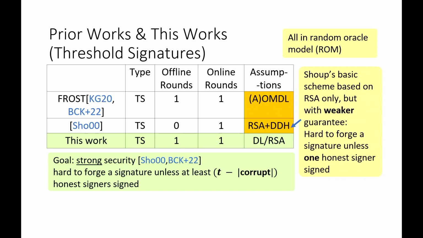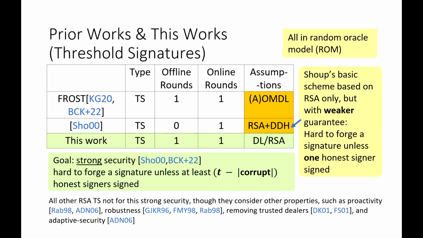For the weaker security, for example, Shoup's basic scheme requires only RSA, but its security only guarantees that it's hard to forge a signature unless at least one honest signer signs. Furthermore, all other RSA-based threshold signatures do not consider this stronger security goal, although they consider other properties such as proactivity, robustness, removing trusted dealers, or adaptive security, which are not the focus of this work.